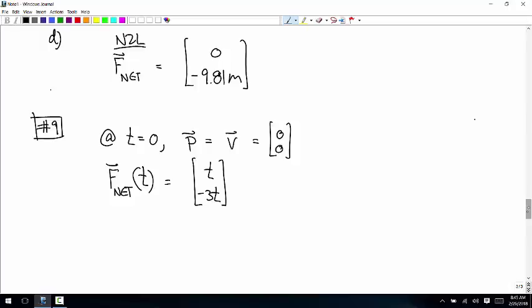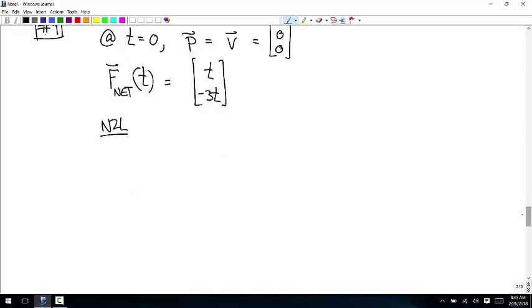All right, well, Newton's second law says F net, so t, negative 3t, is equal to the mass times the acceleration vector.